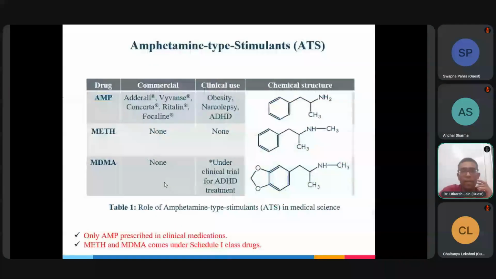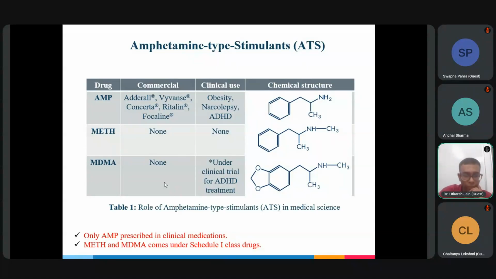And luckily, we got certain molecules, for example amphetamine, methamphetamine, and MDMA. These are psychoactive drugs widely used in the US, and they are clinically prescribed drugs with certain medical uses. So commercially, amphetamines are widely used.